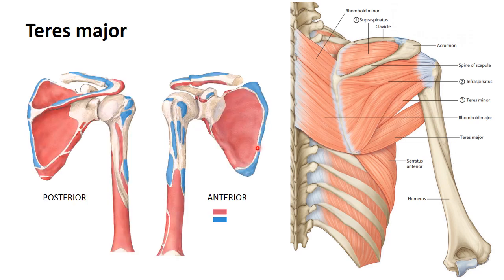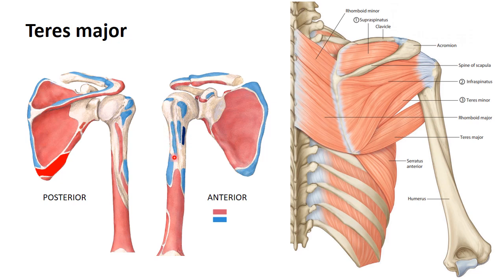Next muscle is called teres major, and this is the big brother of teres minor. It lies just inferior to the teres minor, takes origin from the posterior aspect of the lower third of the lateral border of scapula and is inserted into the medial lip of bicipital groove. Remember, we have three insertions in the bicipital groove.